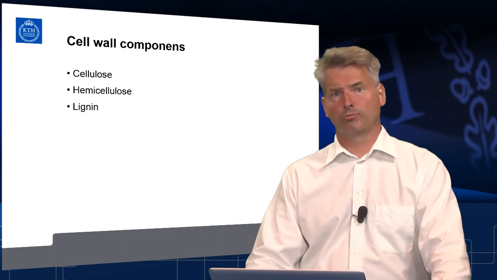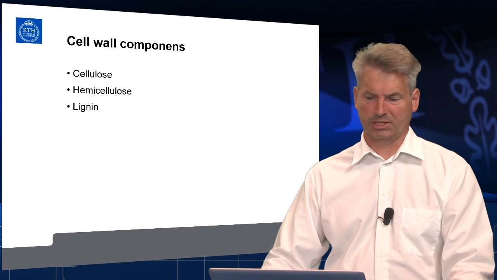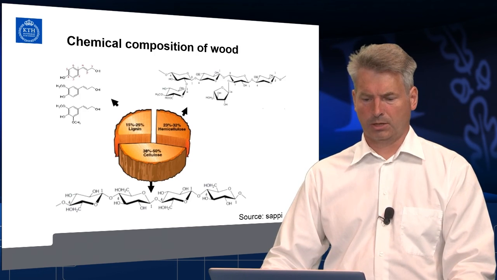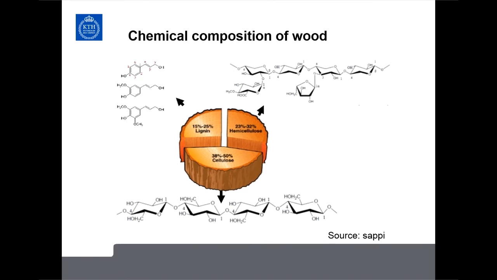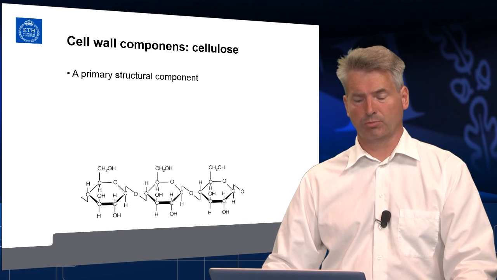The cell wall components are cellulose, hemicellulose, and lignin. And in wood, these are the main components, where cellulose is the main. Almost 50% of wood consists of cellulose. In wood, cellulose is the primary structural component.